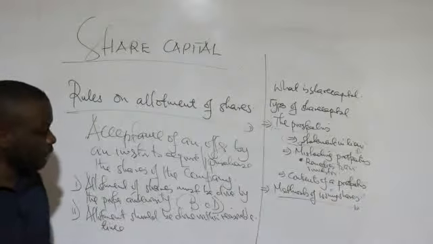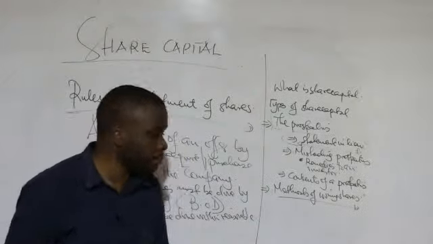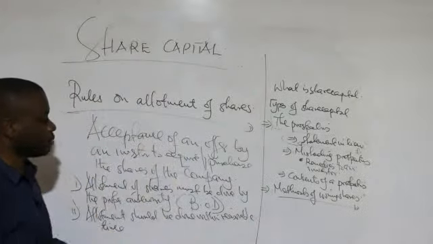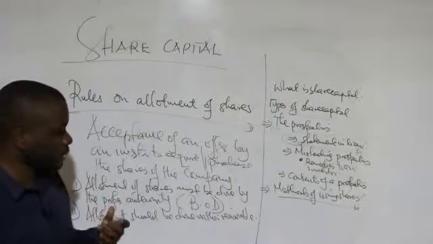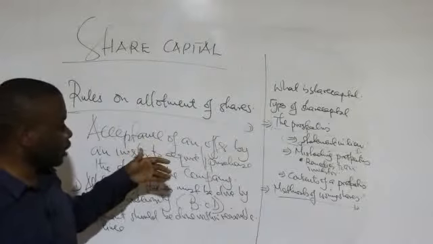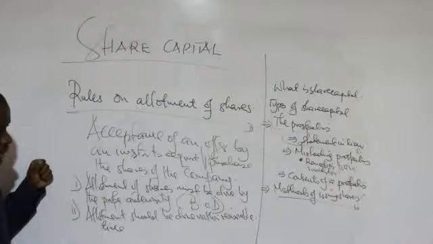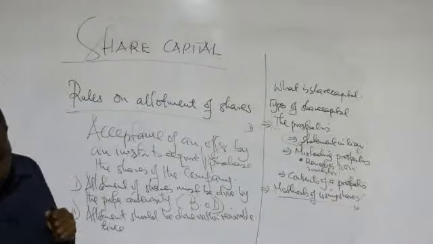For example, if you applied for the shares or subscribed for the shares, and they have waited for over a year, you may no longer have an interest in the company. In such a case, you could refuse to take up the shares. So the allotment should be done by the company within a very reasonable time.